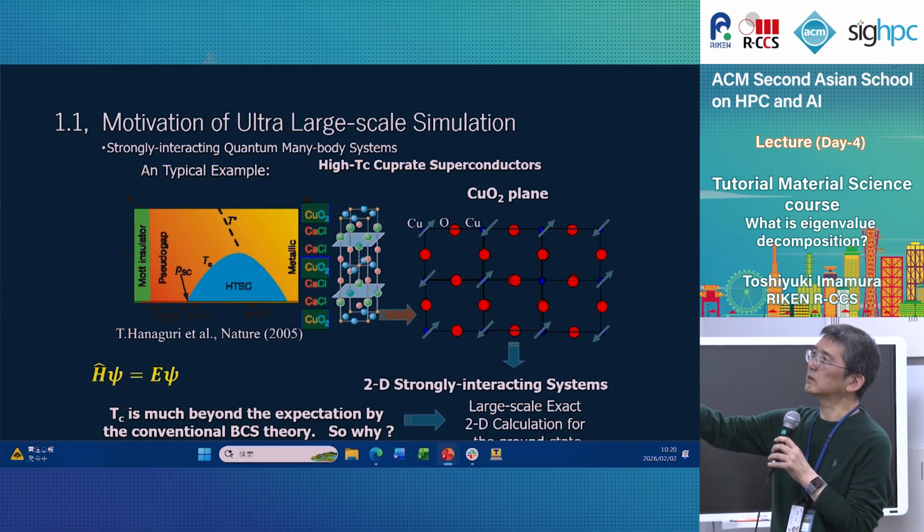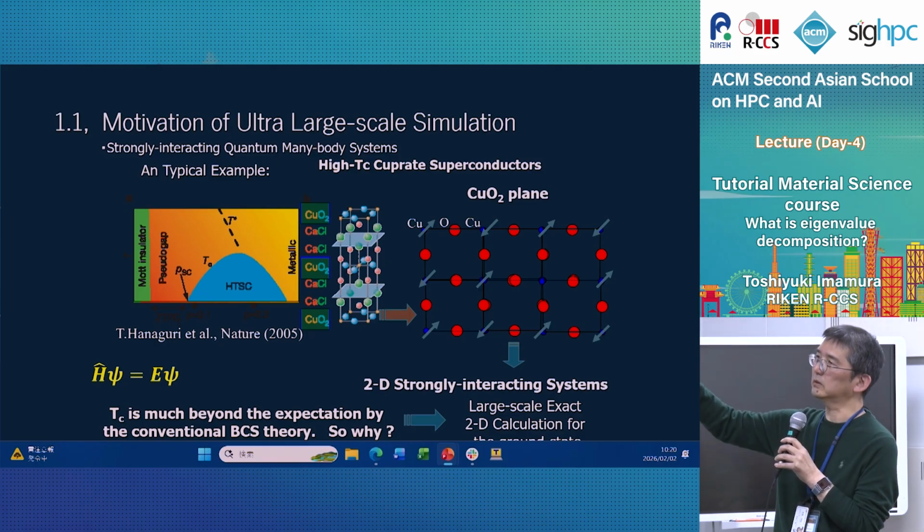The target problem was superconductors, their behavior when the temperature is almost zero.